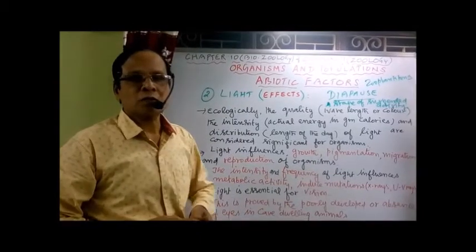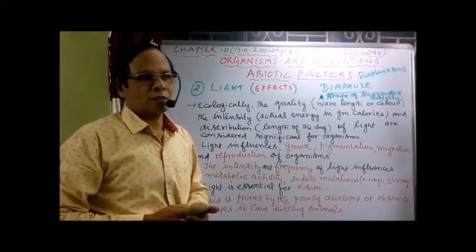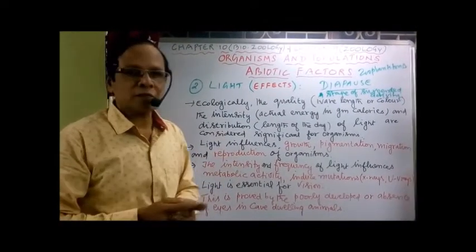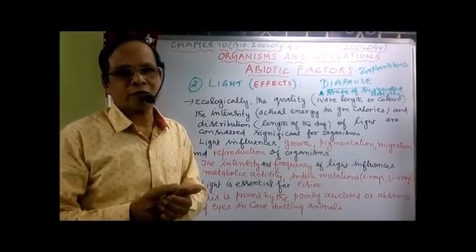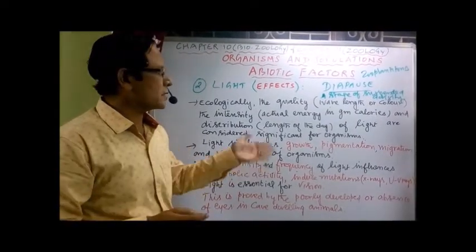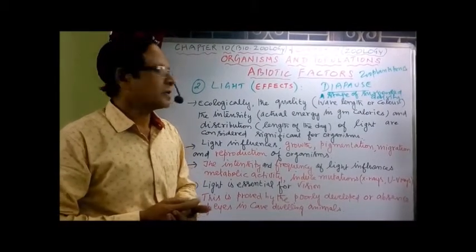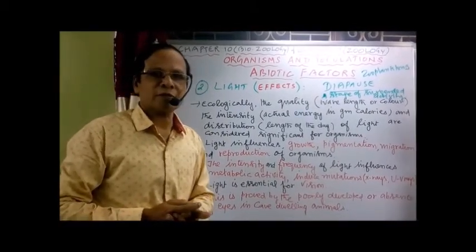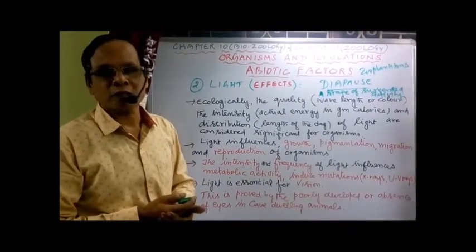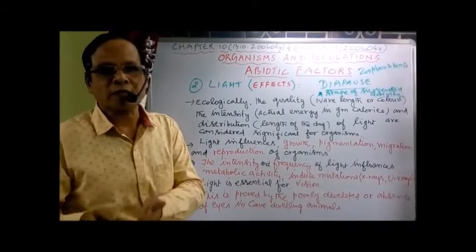Light is also responsible for increasing the activity of gonads. The gonads of birds become more active with increasing light in summer. Increase in light increases the activity of gonads. Light is also essential for the movement and locomotion of organisms, particularly in lower animals.